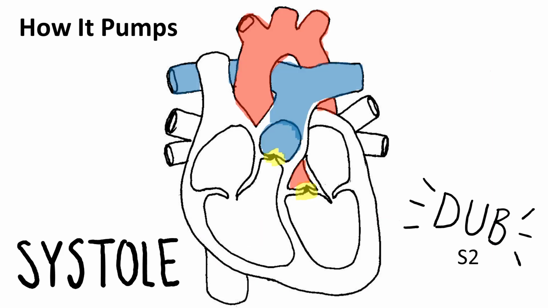Once the pressure is equal between the ventricles and both the pulmonary arteries as well as the aorta, those semilunar valves, the pulmonic and aortic valves, are going to slam shut in the same manner, but with a more forceful slam, causing your second heart sound, which is your dub.